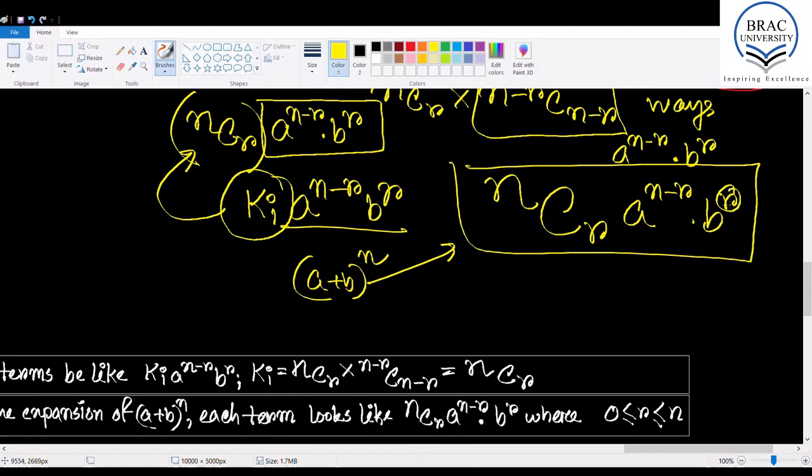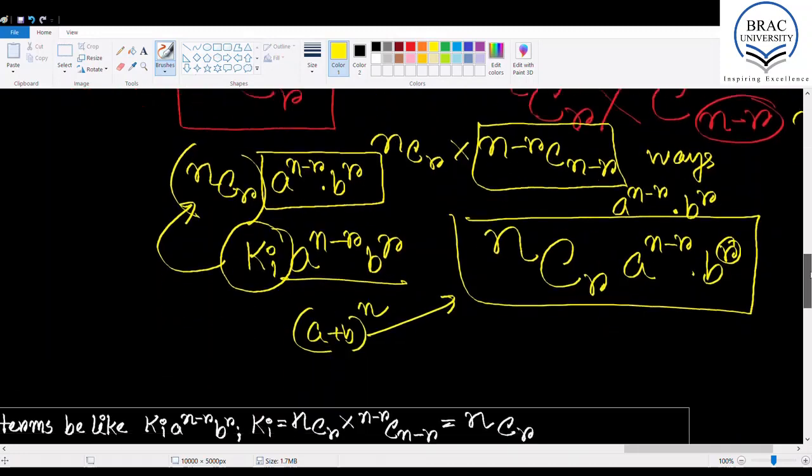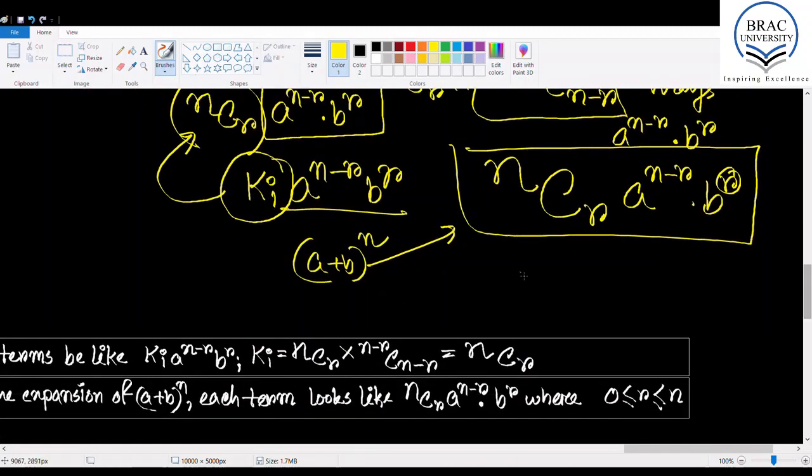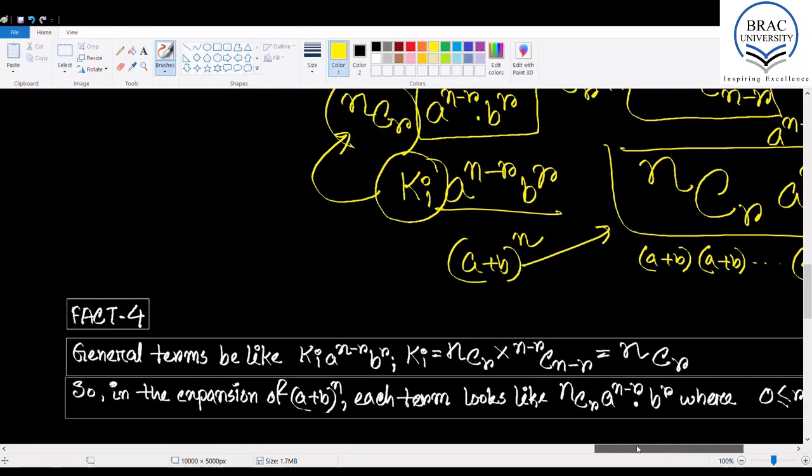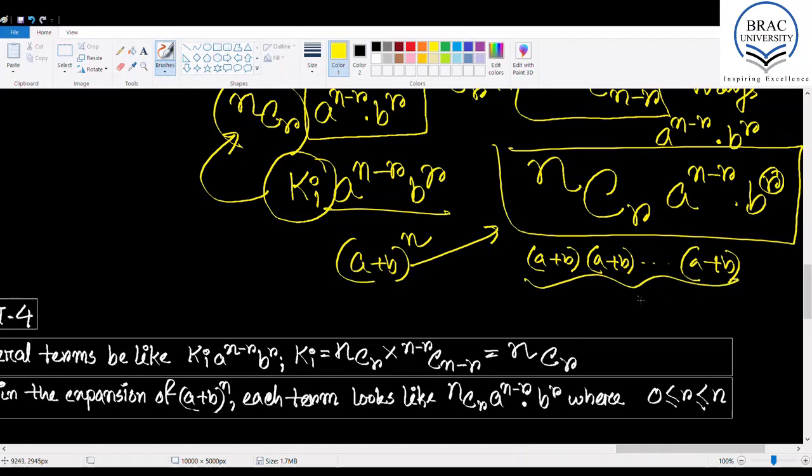Okay, if it is difficult, I can make it easier for you. Students, let's say, at least how many b's can you pick out of these n factors? Zero b's. That means if you take 0 b's, then how many a's will there be?